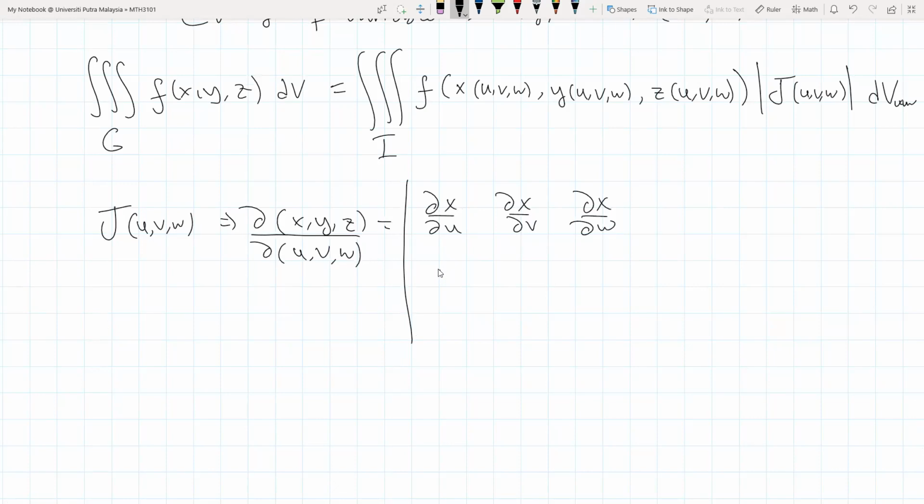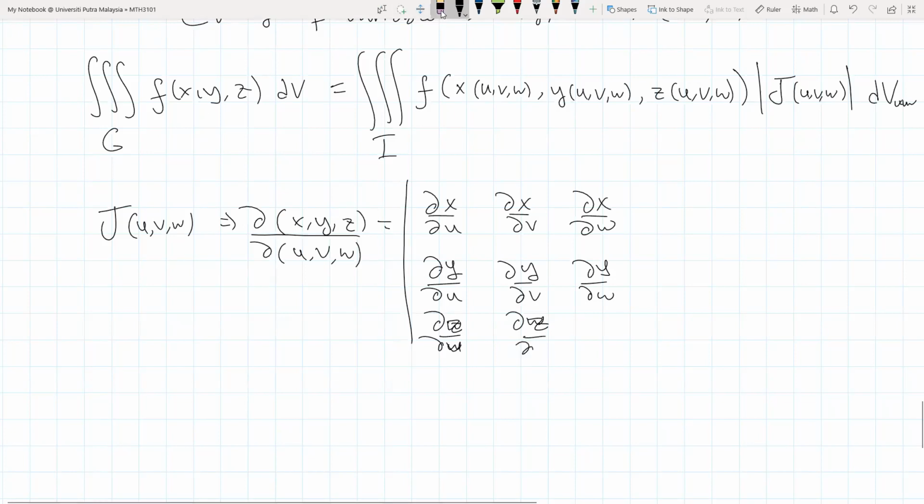The second row will be y with respect to u, y with respect to v, y with respect to w. Lastly, the last row: partial z of u, partial z of v, you can see the pattern, partial z of w.